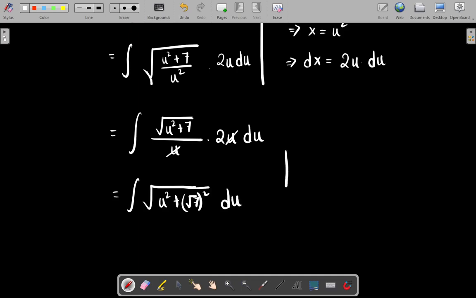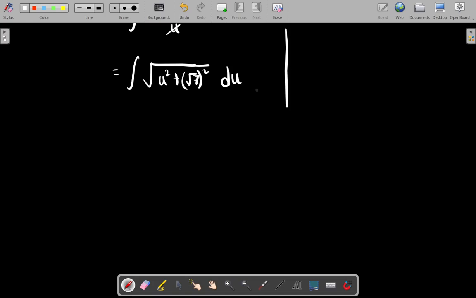So again, this integral is now of the form of integration of square root of x square plus a square, where a is some constant, dx, and this is a standard integral, from integration by parts.